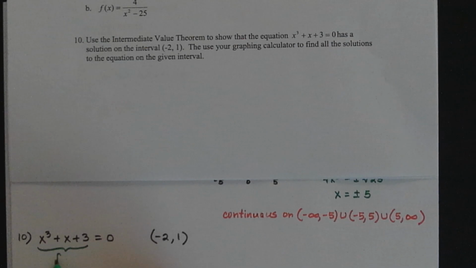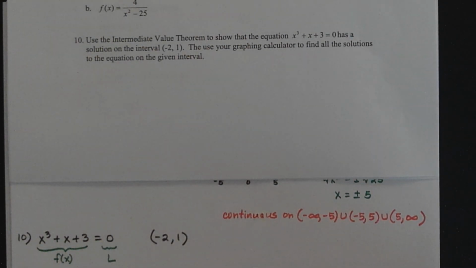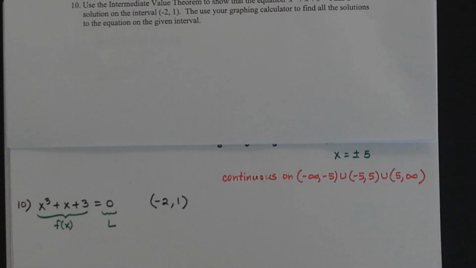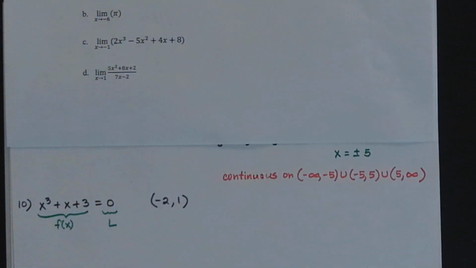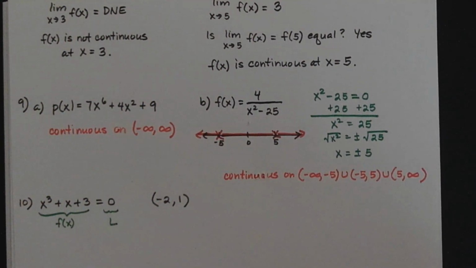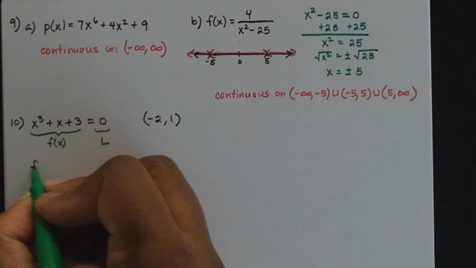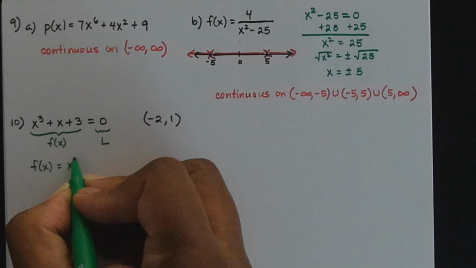So this part is the f of x, and this part is the L. That means we want to find out what values of x make f of x equal to the limiting value L, in this case 0. Let's look at x cubed plus x plus 3, which is what I'm letting f of x be. So here f of x is this.